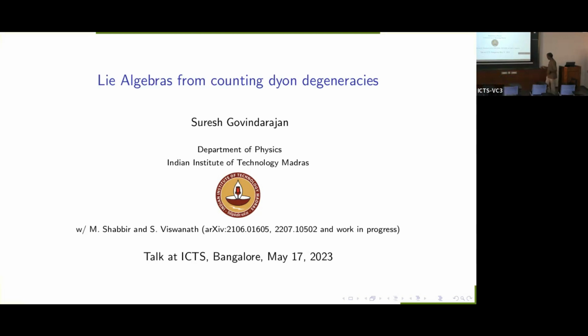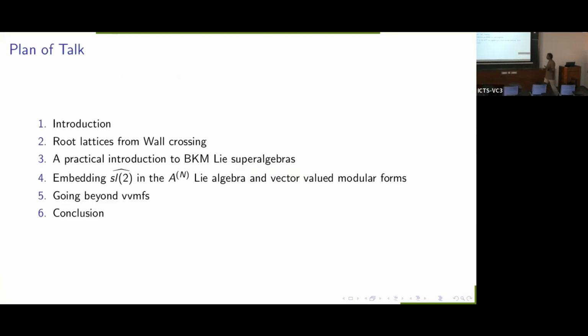the archive. And so the plan of the talk is there'll be an elaborate introduction, and then after a practical introduction to superalgebras, or not superalgebras, actually Lie algebras, the super part will be downplayed, but it can be put in.